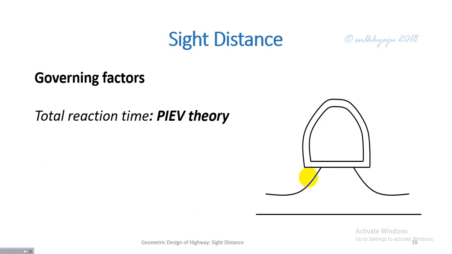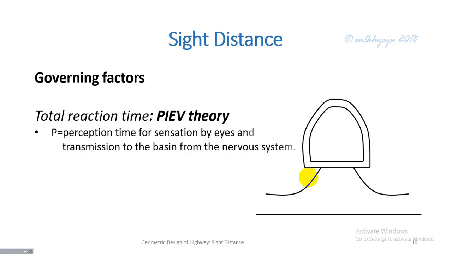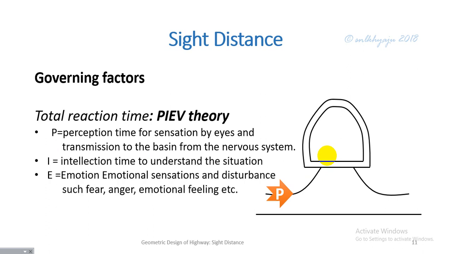The reaction time can be described in the PIEV theory, where P is the perception. Perception is the time for sensation by eyes and transmission to the brain through the nervous system. That is the perception, that is the information is transferred to the brain. After that, I, intellection.